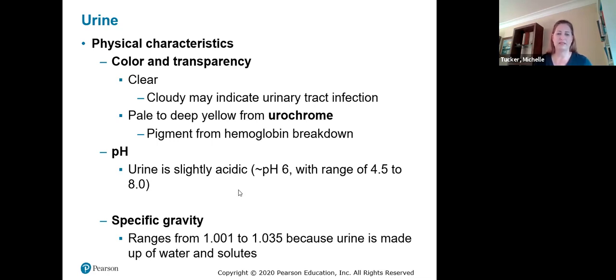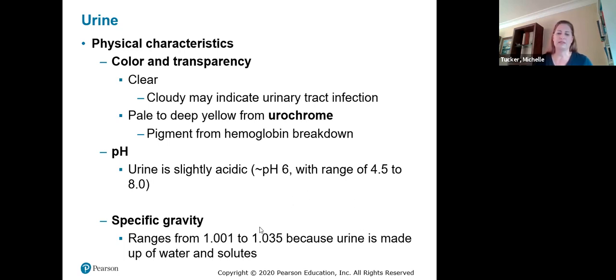Specific gravity looks at the density of urine in comparison to the density of water. Water has a specific gravity of 1. So if someone is very well hydrated, the urine would be dilute, meaning not having as many solutes, and would be around 1.01 to 1.02.